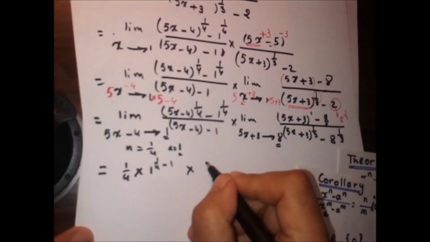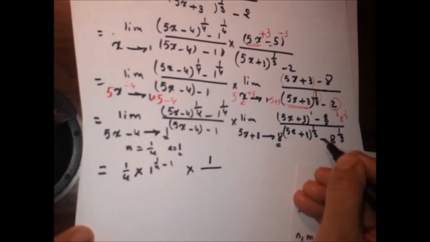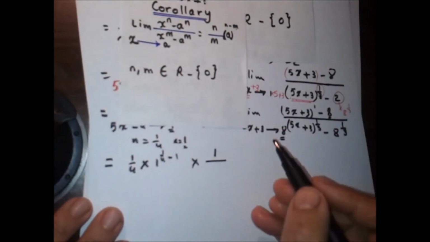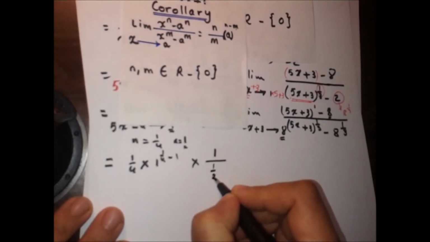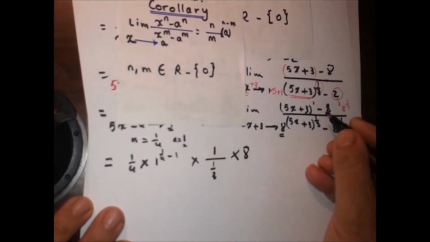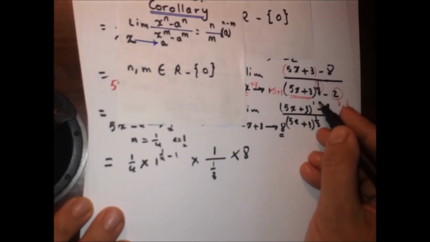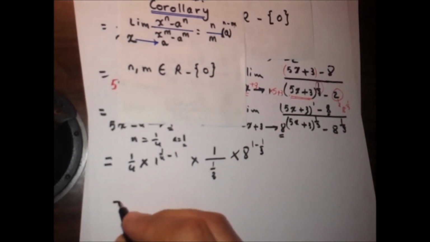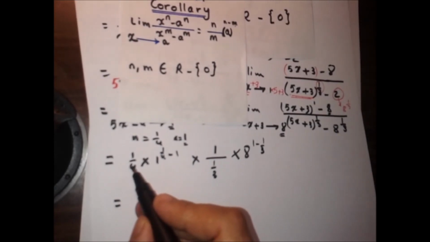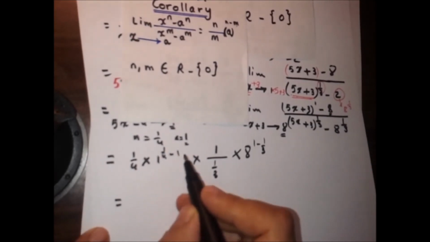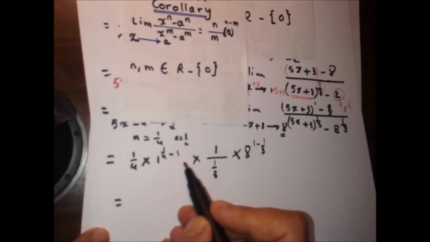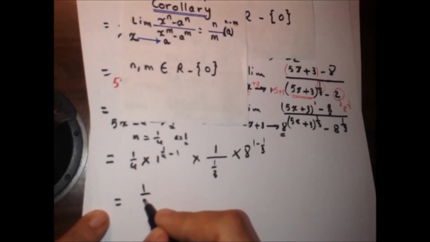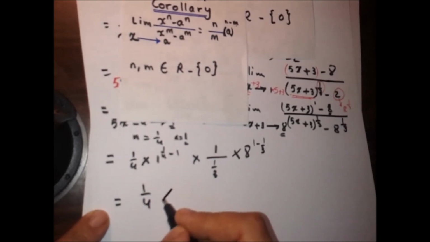So this is equal to the power of the numerator, 1, over the power of the denominator, which is 1/3, times a, which is 8, to the power n minus m, or 1 minus 1/3, to be 2/3. Now this is equal to 1 to the power whatever. We don't need to waste time simplifying this, because 1 raised to any power is 1, so this is 1 over 4 times 1, to be 1 over 4 times.